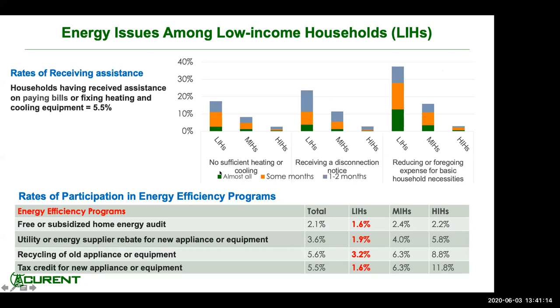For example, sorry, this is a little bit small. If you look at the little green bar, low income people have insufficient heating or cooling almost all the time compared to other income groups.